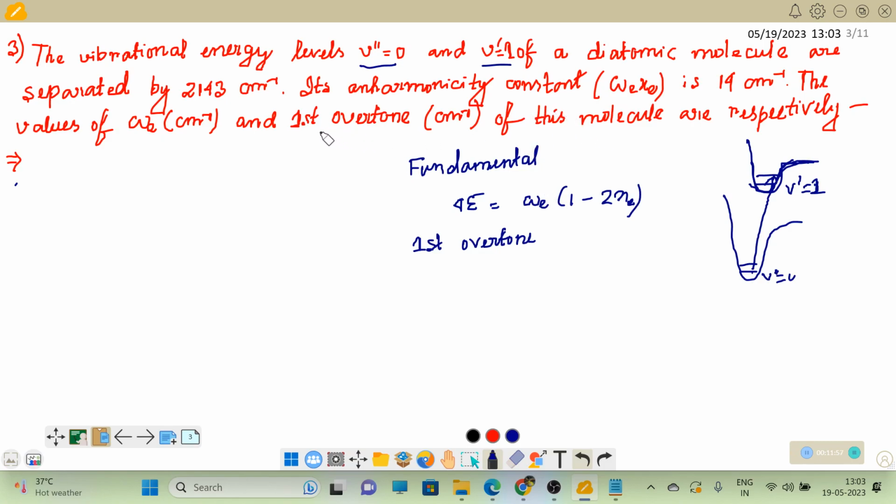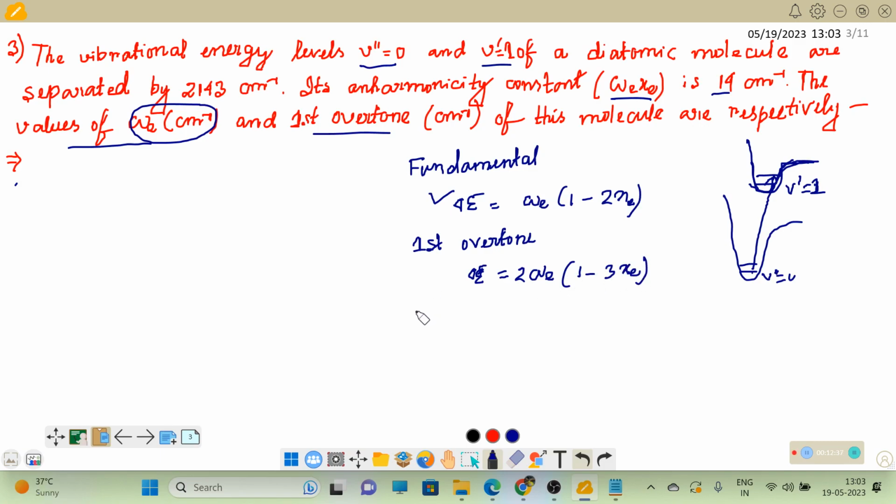First see what is given. They already told the energy gap, and the values of omega E and xc are given. The value of omega E we have to evaluate, and the first overtone energy. So here delta E equals omega E, here 2 minus 3 xc.